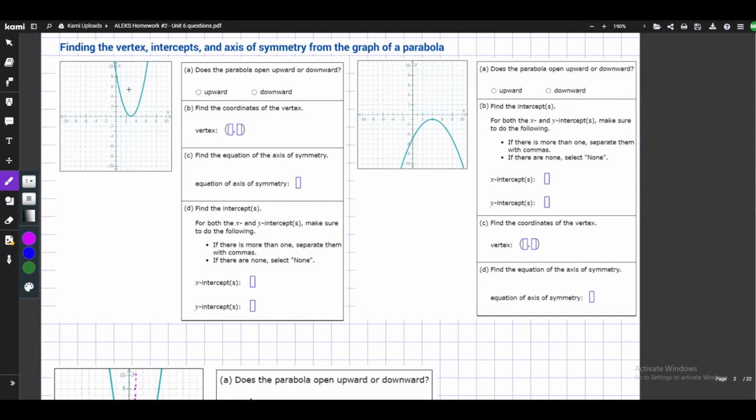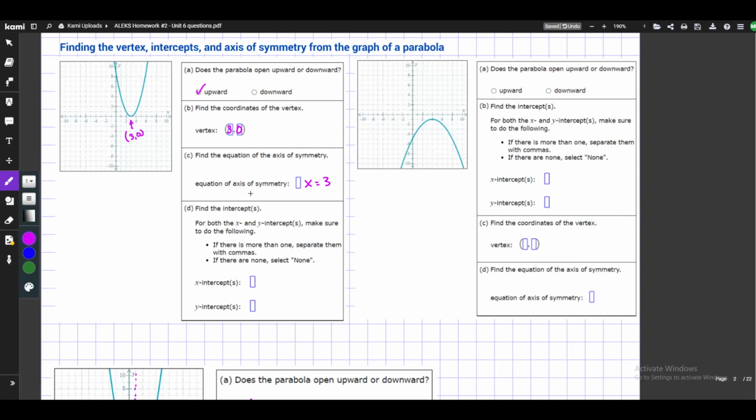So the first one we're looking at, it's opening upwards. My vertex is right here, and that is 3, 0. Axis of symmetry, it goes through that x-coordinate. So this is x equals 3.